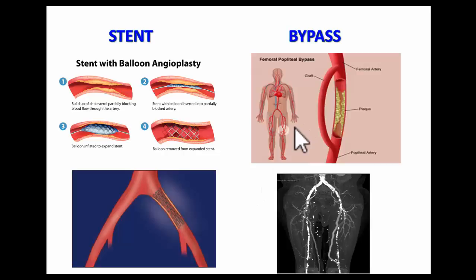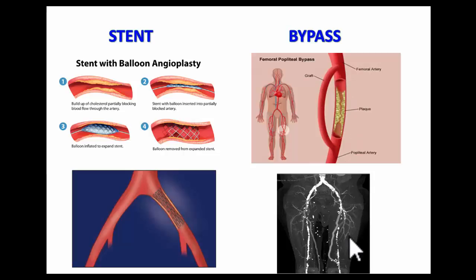The second type of approach we have is called bypass surgery, where either a vein or a graft is used to connect to the proximal segment of the artery before the blockage, and this bypass graft is attached to the distal end beyond the blockage. In that way, the blood flow bypasses the arterial blockage and it improves the circulation to the leg.